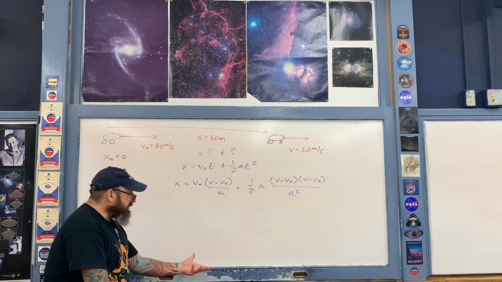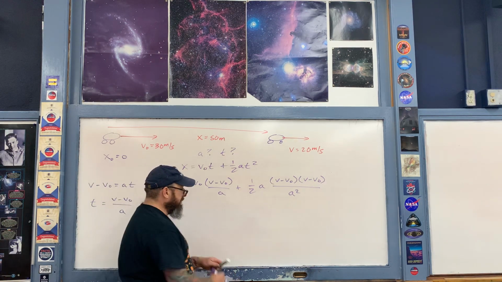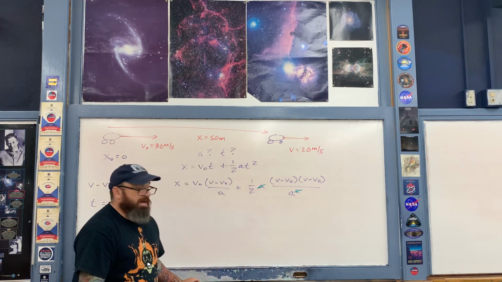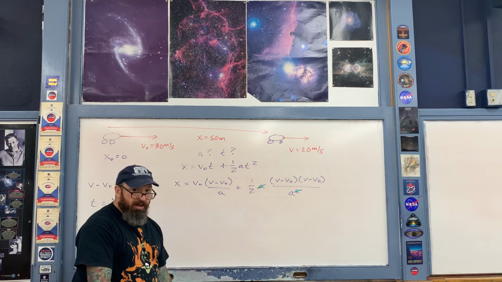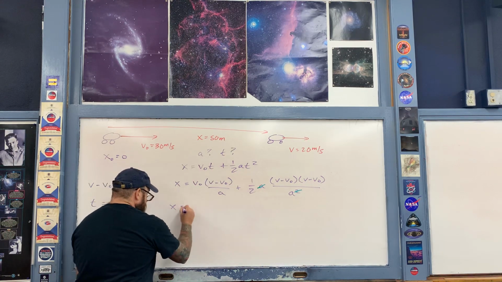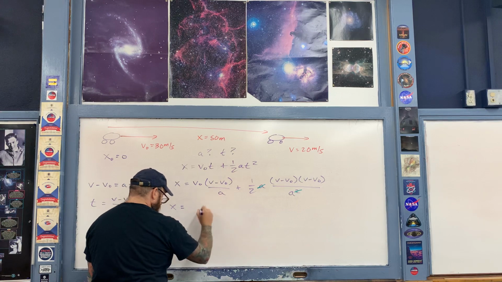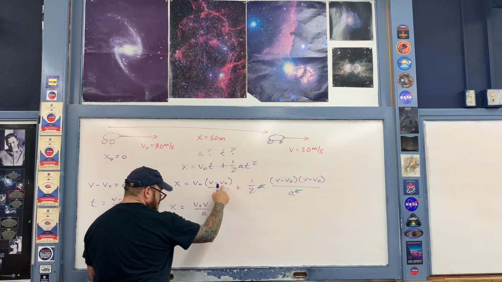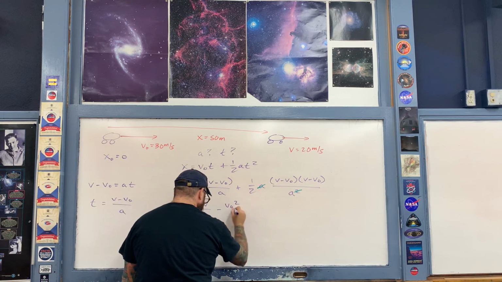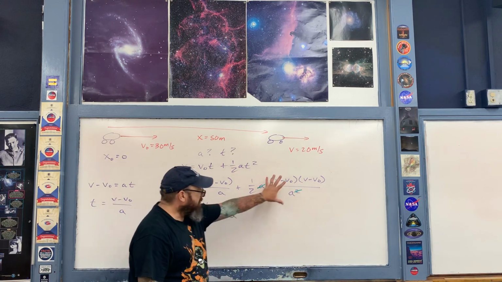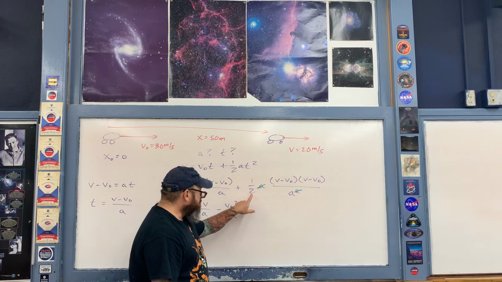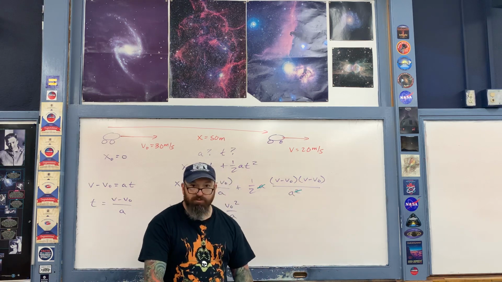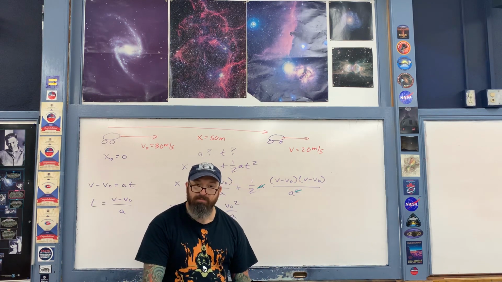So first of all, in the second term, I can go ahead and do a little bit of canceling. I'm going to go ahead and cancel out an a here and here, like so. And now in the first term here, let's go ahead and multiply everything out. So position x is going to be, first of all, v0 v over a, and then minus v0 squared over a. And then in the second term over here, all the terms are going to have a 2a in the denominator, but here in the numerator, I have to go through the FOILing process that you have seen in mathematics class.